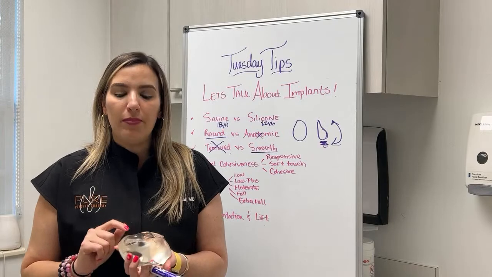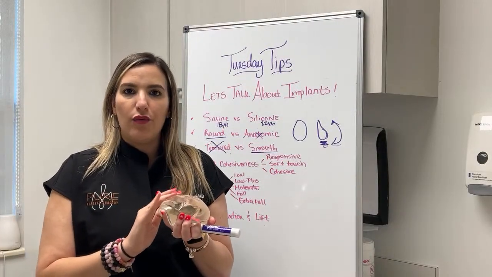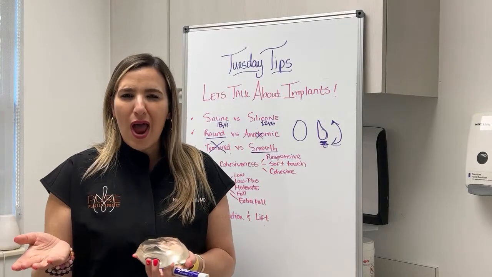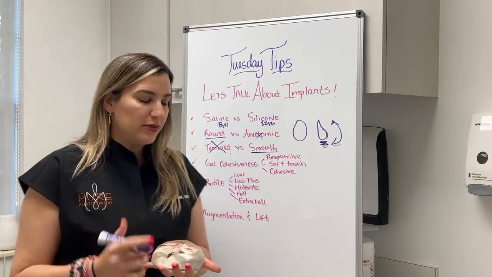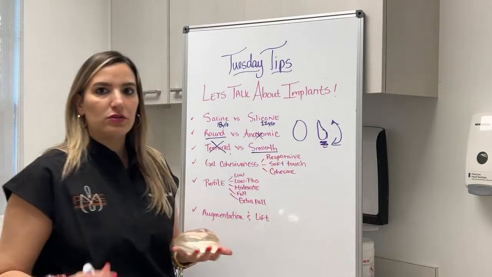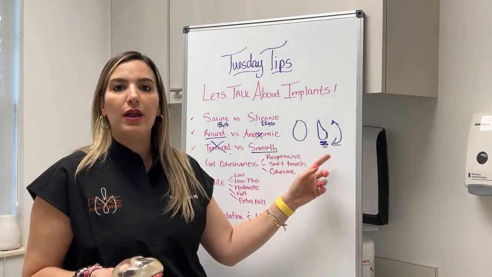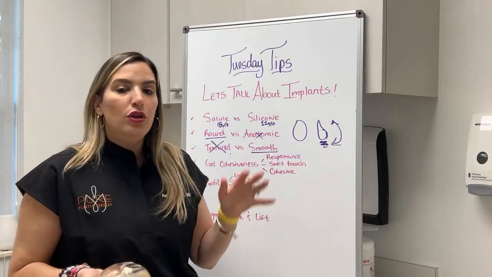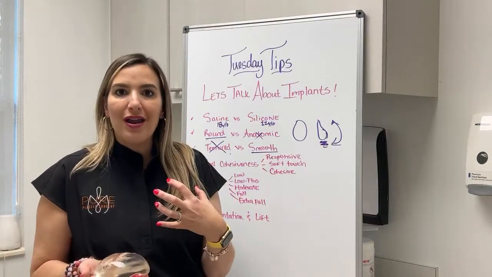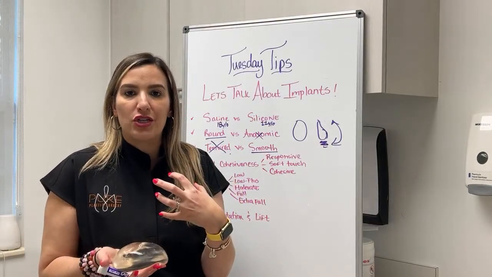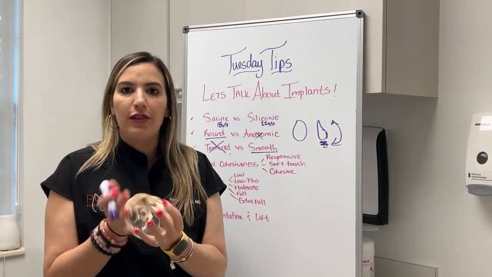So textured implants are implants that have some texture, so the body creates an inflammatory reaction that holds that implant in place and avoids it from flipping around, okay?